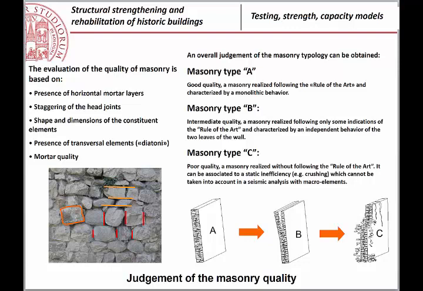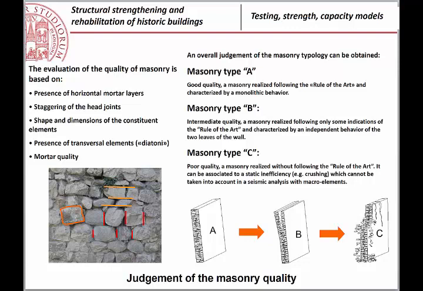But when you go to a site, this kind of categories were introduced by the Ministry of Beni Culturali to make some categories of kinds of masonries without thinking about the quality from the numerical, the quantitative point of view. But it is very important to understand whether it is a good quality, medium quality, or bad quality of masonry, just to have an idea.